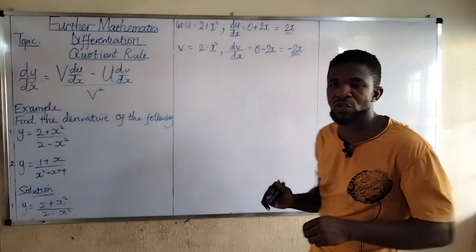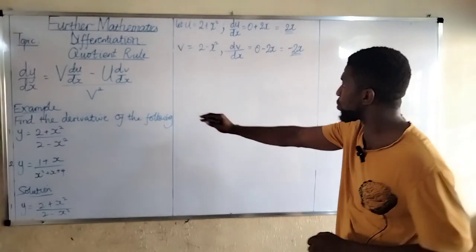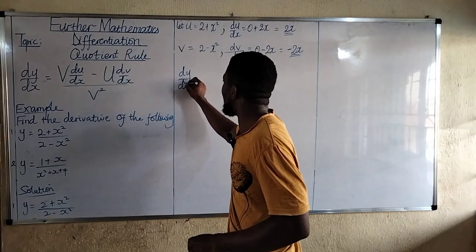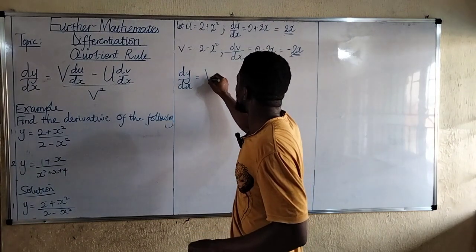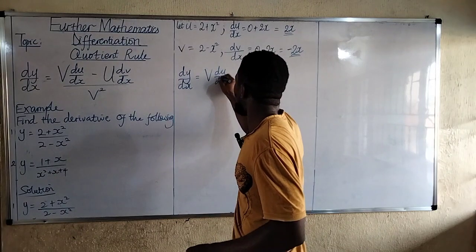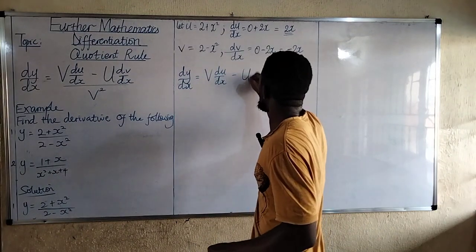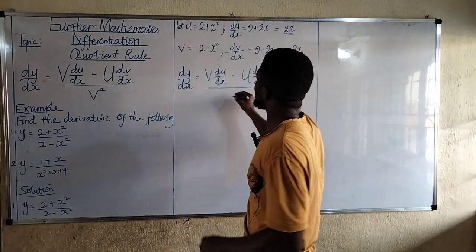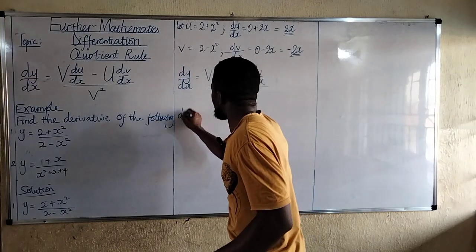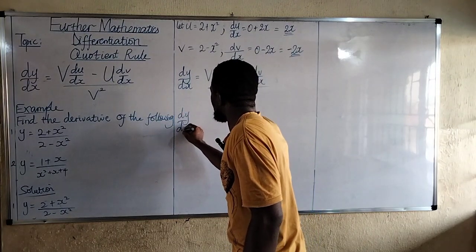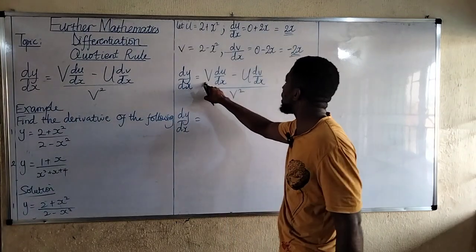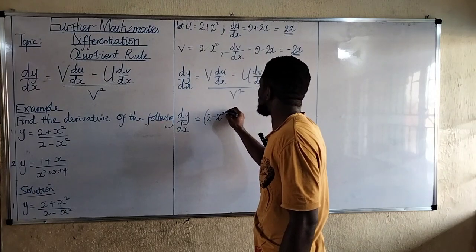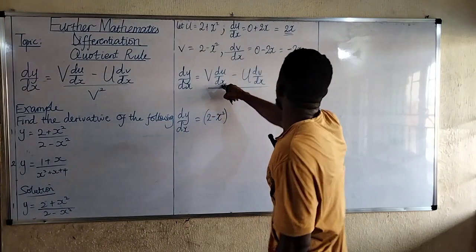Now, it is time for us to apply the formula for quotient rule, which says dy over dx equal to v du over dx minus u dv over dx all over v squared. So therefore, our dy over dx will now be, what is our v? Our v is 2 minus x squared. We put it here, 2 minus x squared, being multiplied by du over dx.